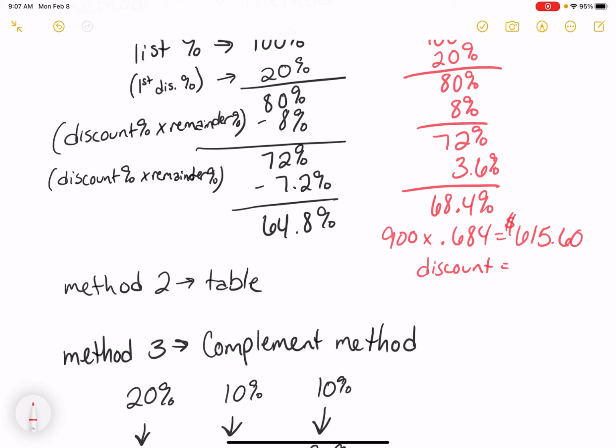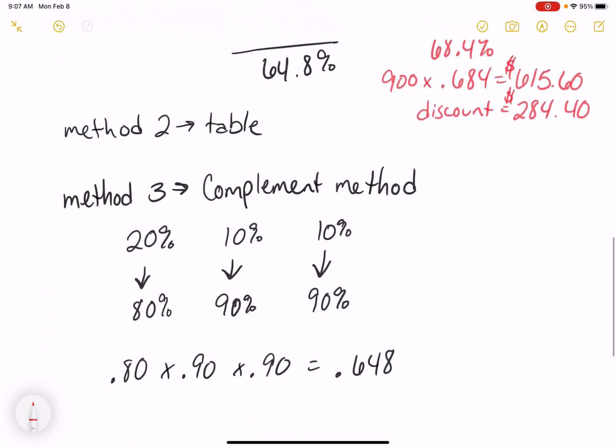No? Yes. 284.40. All right. Method 1 will definitely appear on the quiz. On the problems, you can use whatever method you want, but on the quiz, I tell you which method to use. Okay? So maybe practice just one time on the problems here.